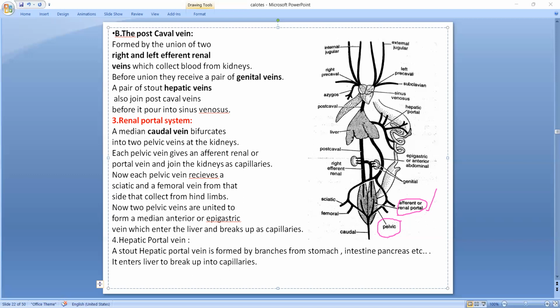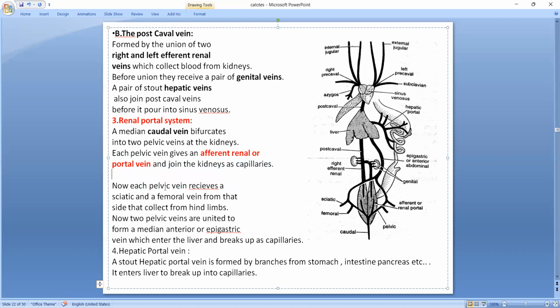Here in the kidneys it is purified of nitrogenous waste. Each pelvic vein gives an afferent renal or renal portal vein and joins the kidneys as capillaries.